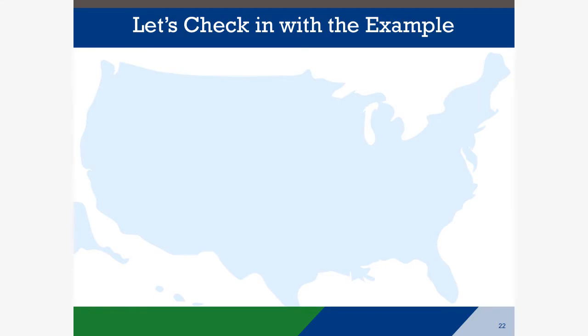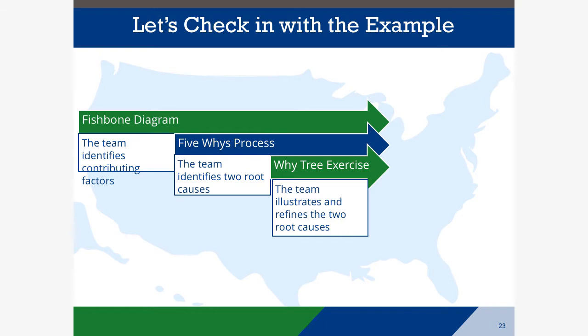It's time to check in with our example. Using a method like a fishbone diagram, the state identified possible contributing factors and then worked through the 5 whys method to identify 2 root causes. Their assessment suggested that agency culture focused more on mothers and did not equally value the potential role of fathers, and a lack of knowledge and skills related to engagement of non-custodial fathers.